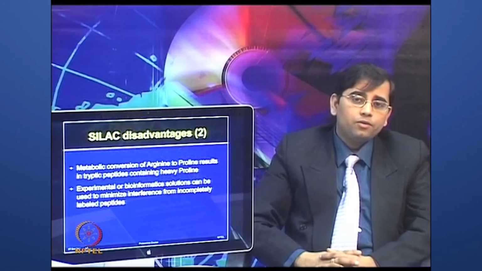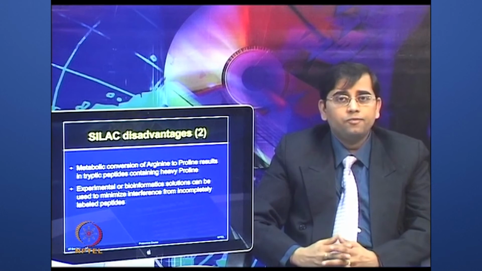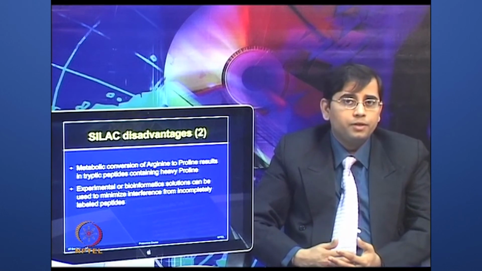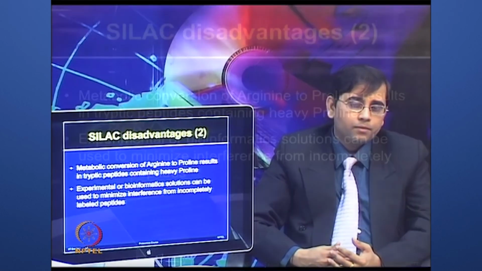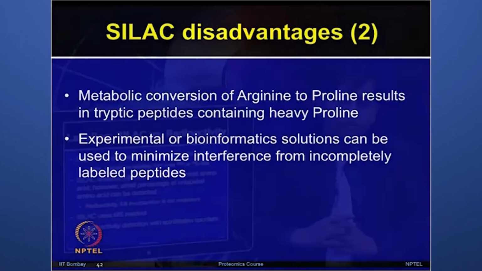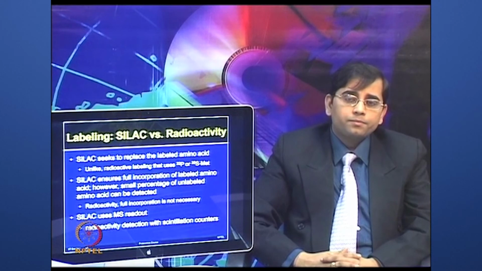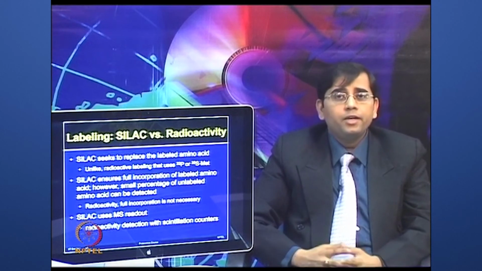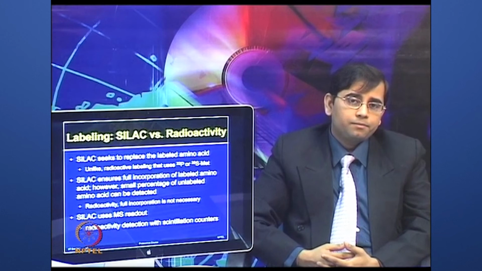The metabolic conversion of arginine to proline is one of the commonly observed issues in SILAC experiments, which results in the tryptic peptides containing heavy prolines. Now, there are various experimental or bioinformatics solutions in place which can be used to reduce the interference from incompletely labeled peptides. So, let us discuss how SILAC compares with the radioactivity labeling methods.